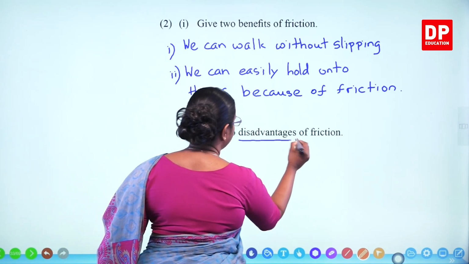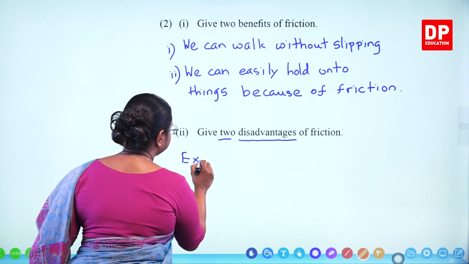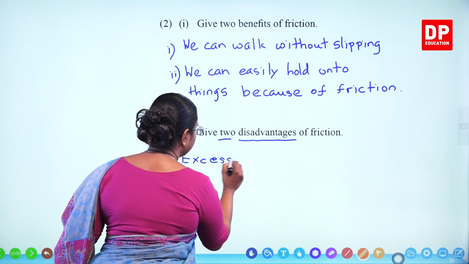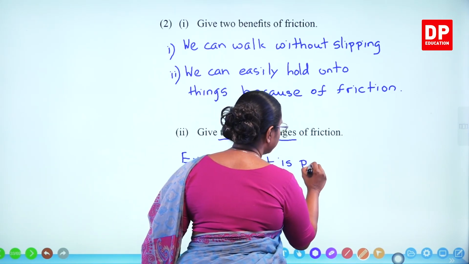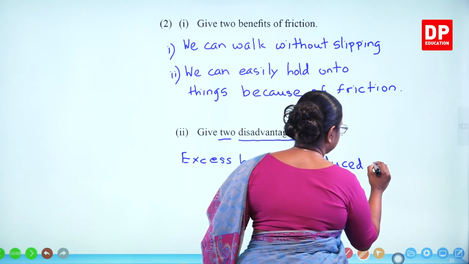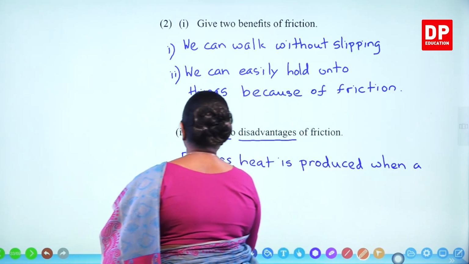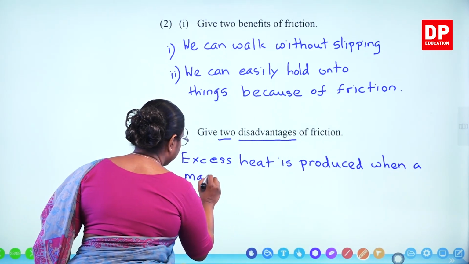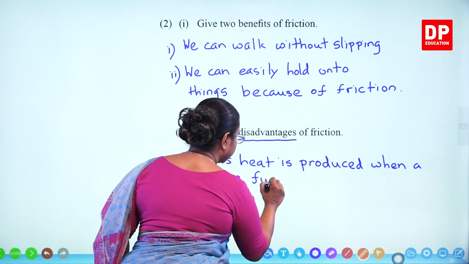Two disadvantages: excess heat is produced when a machine functions.